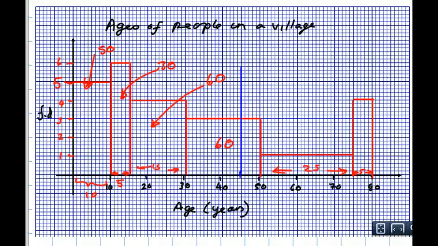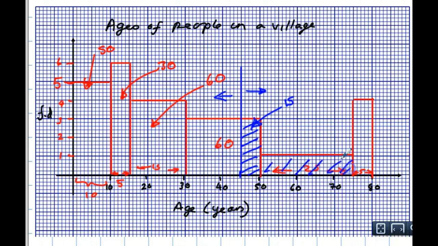All the people to the left are younger than 45. All the people to the right are older than 45. So what's the frequency? In other words, what's the area of all those to the right? Well, this section here is going to be 5 times 3, so there's 15 in this rectangle here.